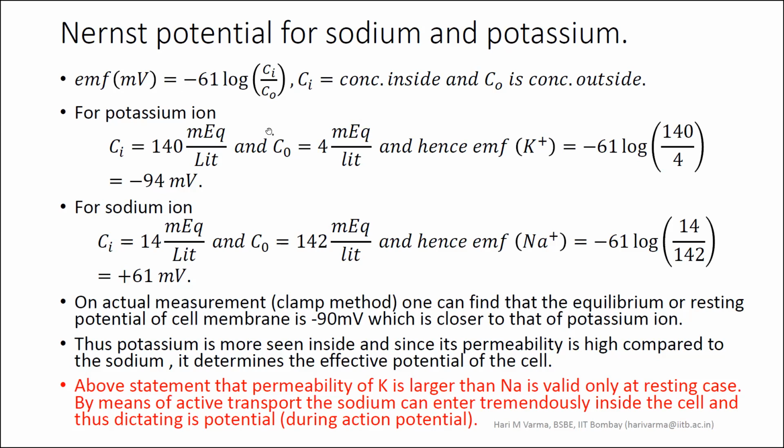So basically the difference will tell you how much is the induced voltage. Now, if you calculate it just for potassium, assuming that sodium is not present, you will get minus 94 millivolt. Whereas for sodium, you will get plus 61 millivolt.